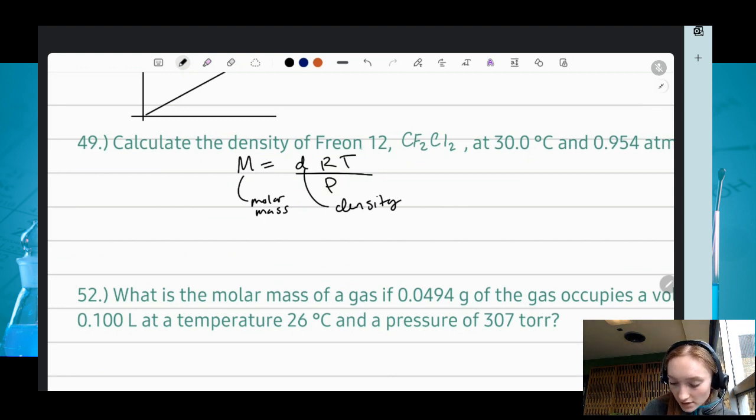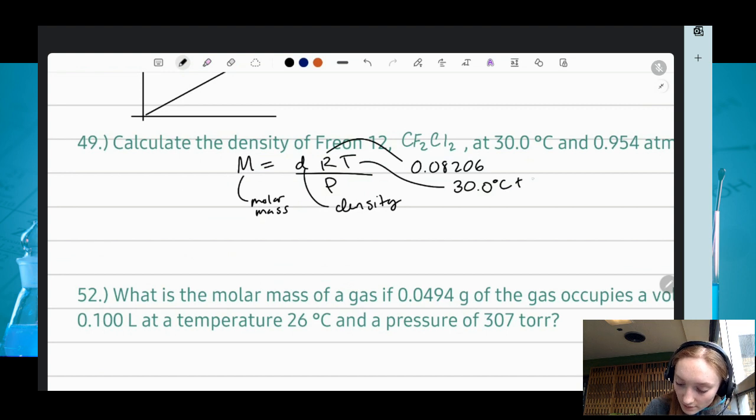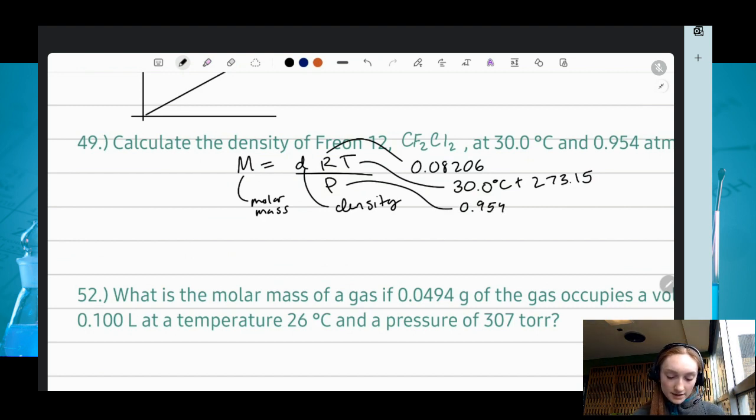The R value is just the constant, so it's 0.08206. Temperature is 30 degrees, plus 273.15. And then P is the 0.954 atmospheres. And since this is Freon, we're going to be using the molar mass of that.